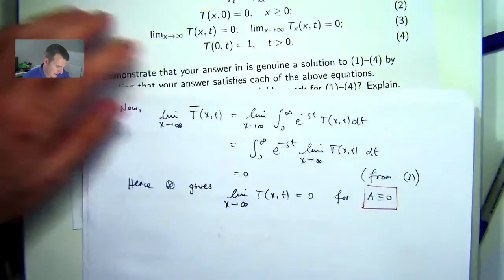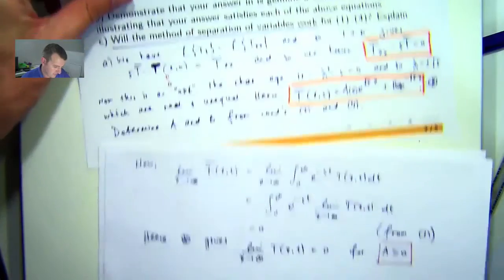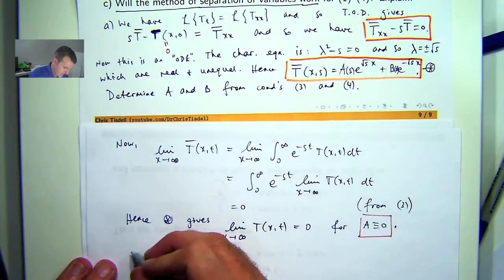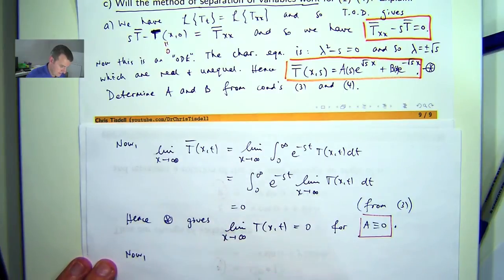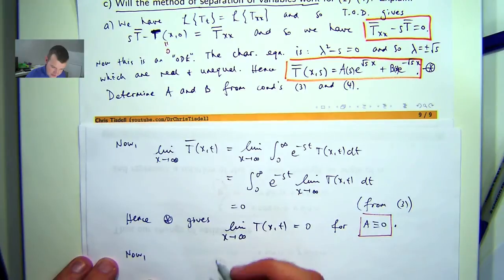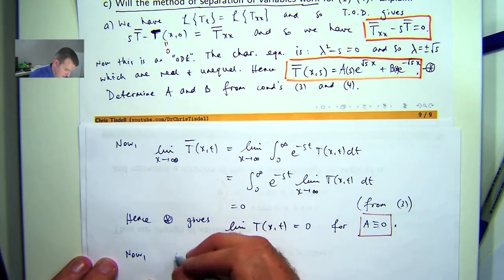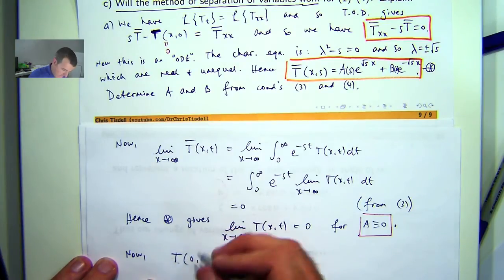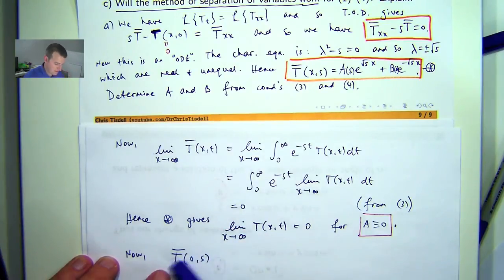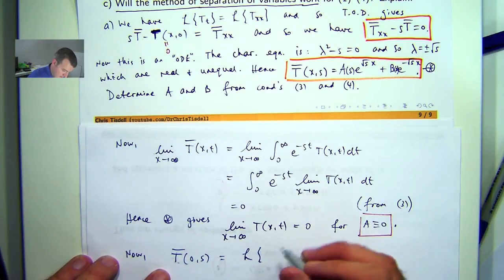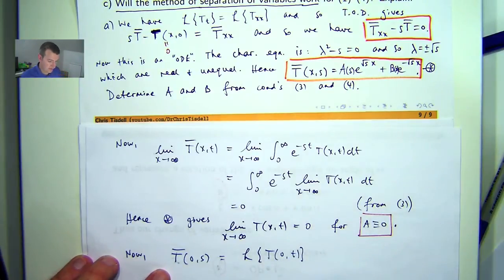I'm going to take this condition out, condition 4, and see if I can recast that into something useful. What I would like to do is have it in terms of something like this. Now what is this? Well, it's just the following.